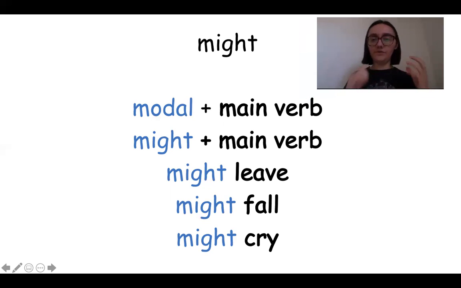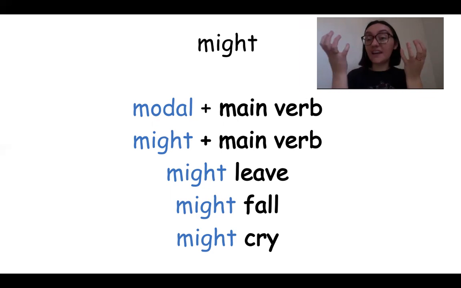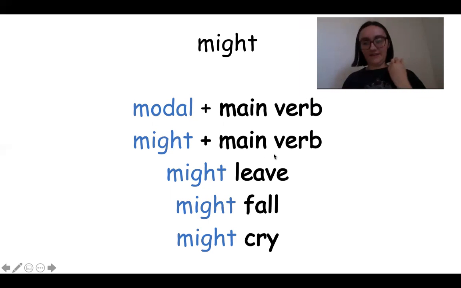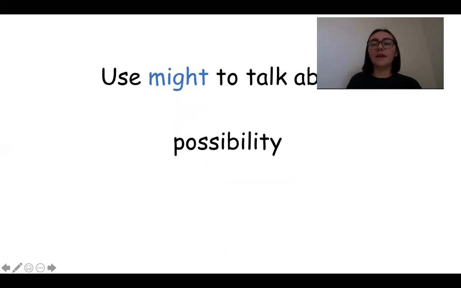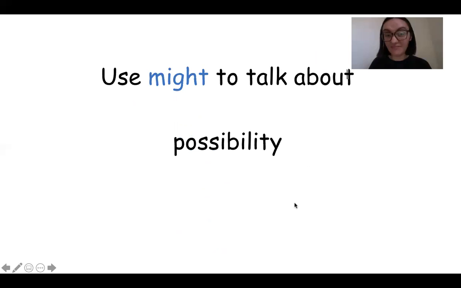Remember that when you use a modal verb, you have the modal verb and you have the main verb that's telling you what the action is, and you make sure that they're right next to each other. So might is right next to the main verb. So might leave, might fall, might cry. And we use might to talk about possibility.